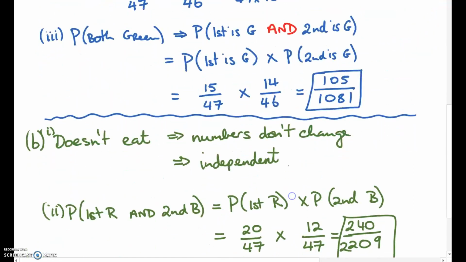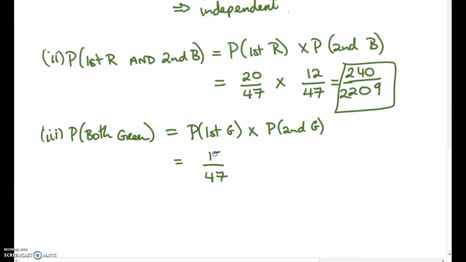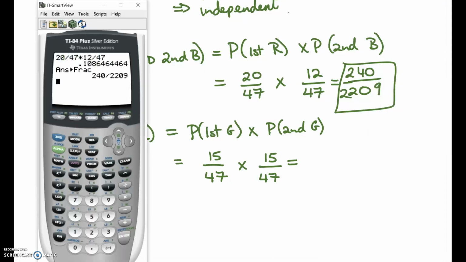There were 15 green. And then she puts that one back and she goes to pick out again, so there are now 47 M&Ms in the bag because she put the first one back. And even though it was green, she put it back, so there are still 15 in there. So now we have 15 divided by 47 multiplied by 15.